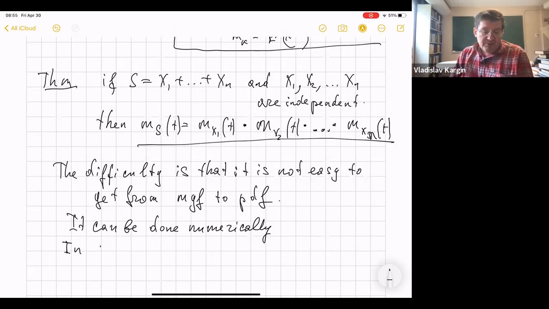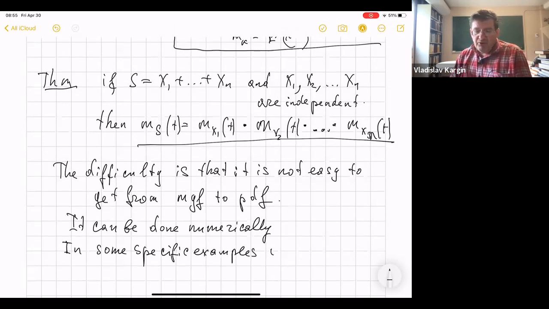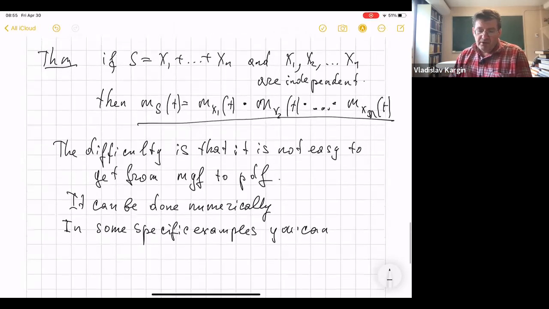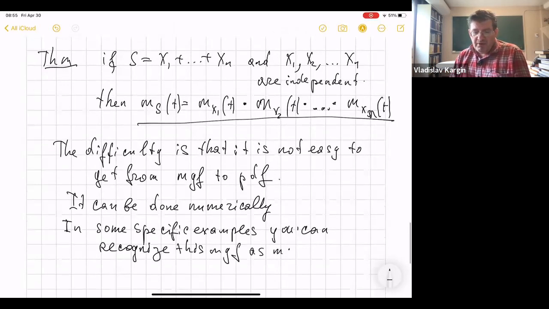So in some specific examples, you can recognize this MGF as the MGF of a known distribution.